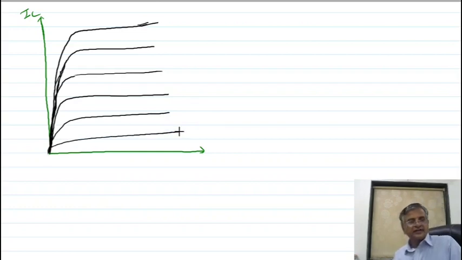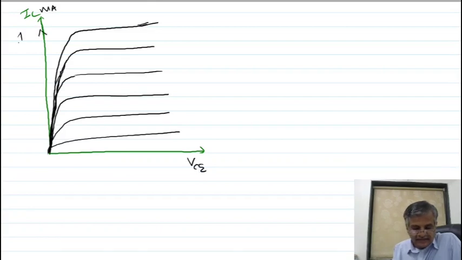The current is in milliampere. This axis is VC and this is the IC axis.